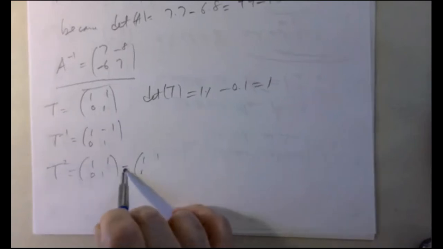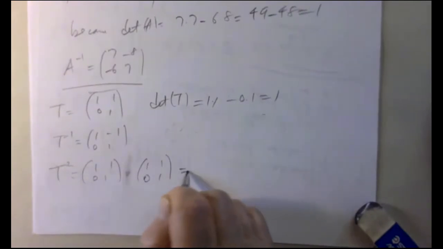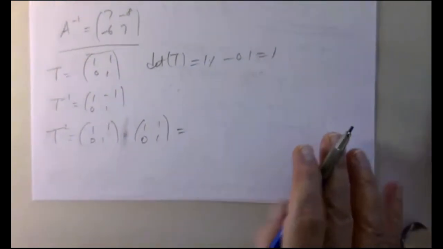What happens if you multiply T with itself? 1, 1, 0, 1 times 1, 1, 0, 1. So do that multiplication and tell me what you get.